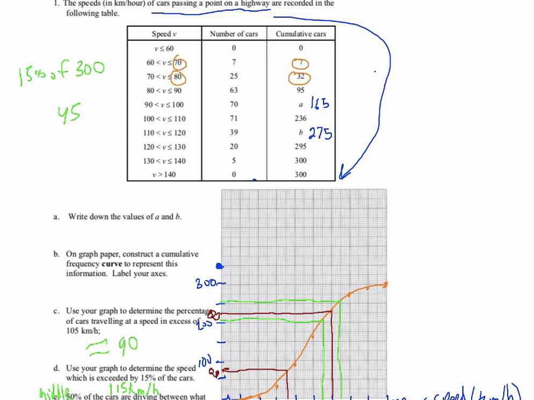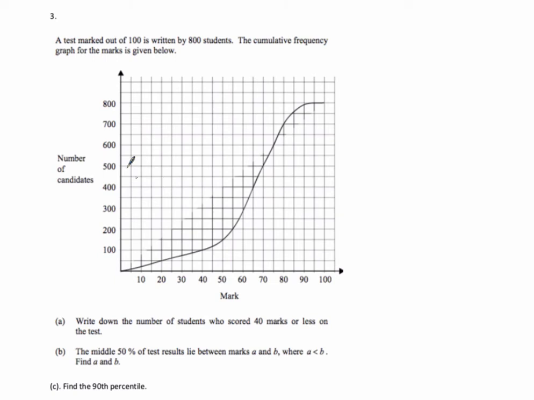Okay, now let's take a look at another question. We've got the graph already done for us. Write down the number of students who scored 40 marks or less. So there's 40. We go up and across, and 100 students scored 40 marks or less. The middle 50% are between A and B marks.